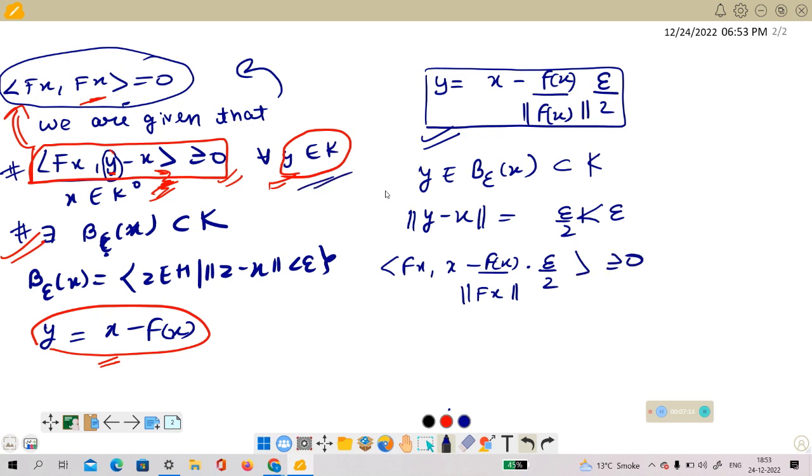From this condition, the x minus x is also there, so x will get cancelled, and we get f(x) comma minus f(x) by the norm of f(x) into epsilon by 2 is greater than or equal to 0.